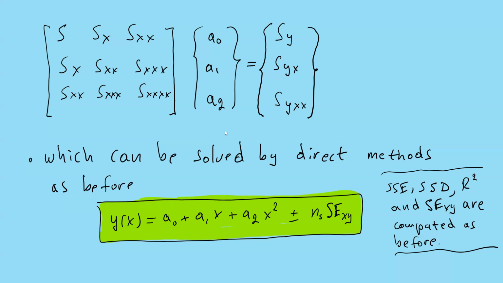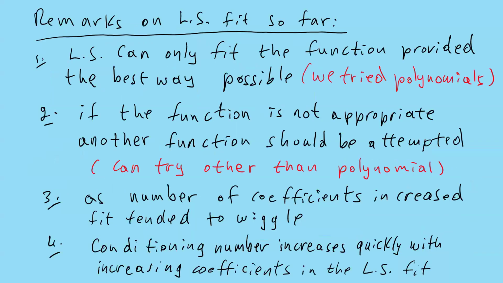If you look at the examples in the previous lectures, you can see that by increasing the order of the polynomial functions, the conditioning number is increased rapidly. This is one of the issues when we increase the order of the polynomial functions.